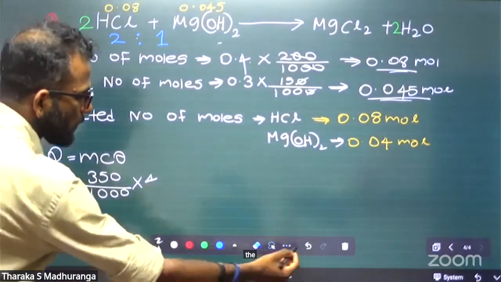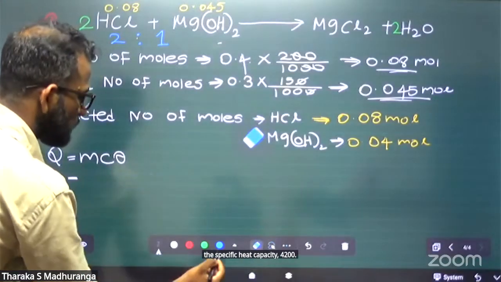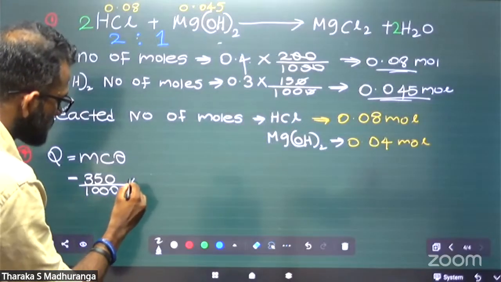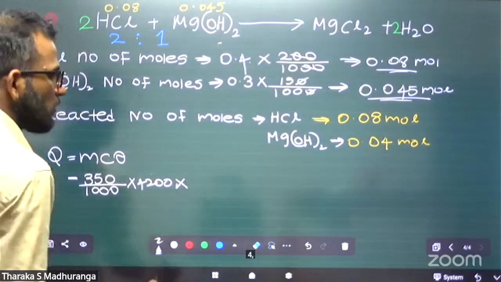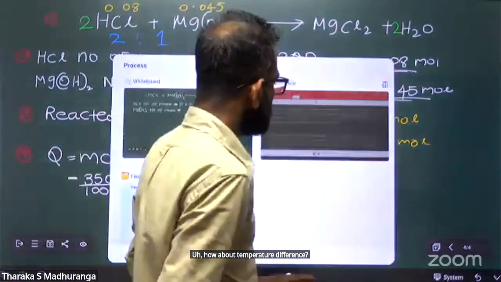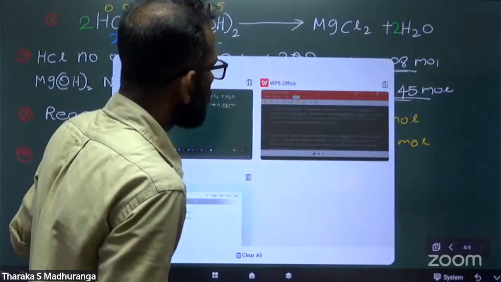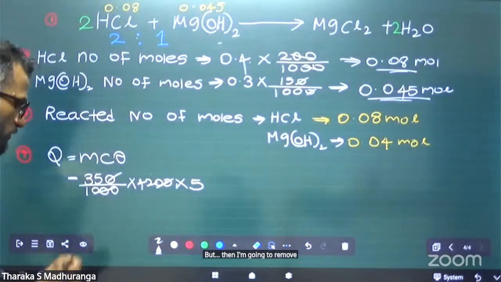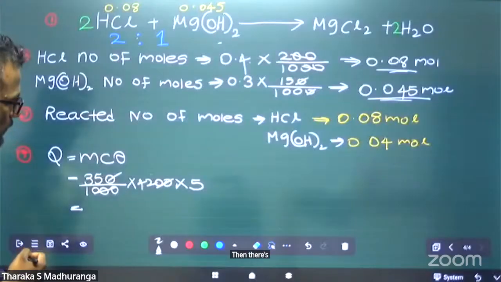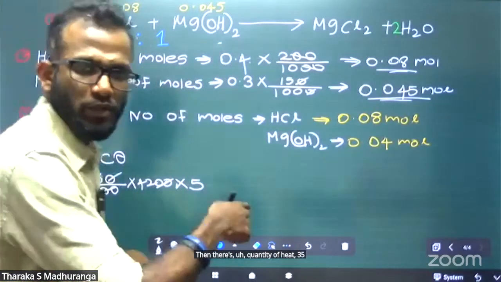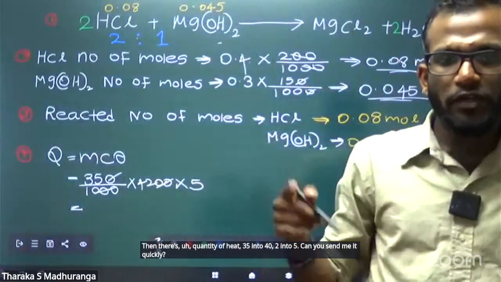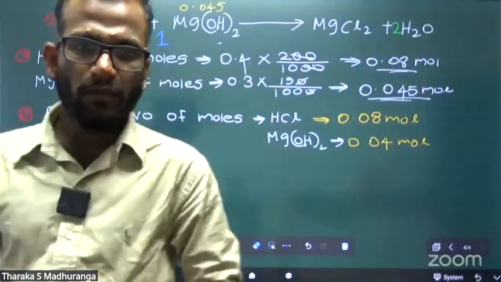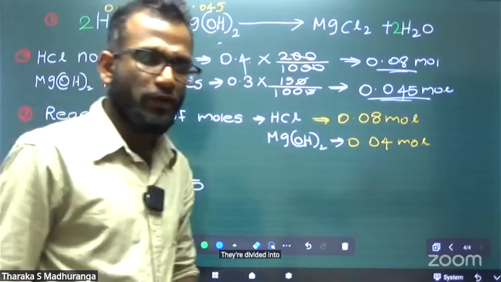The specific heat capacity is 4200. The temperature difference is 5. Then I'm going to remove this 3030. Then the quantity of heat is 35 into 42 into 5. Can you send me it quickly? 35 into 42 into 5.